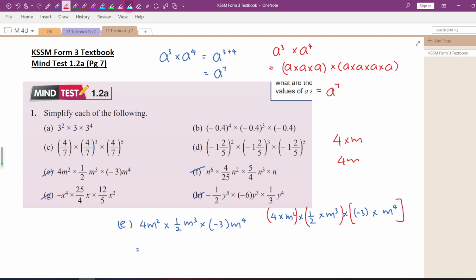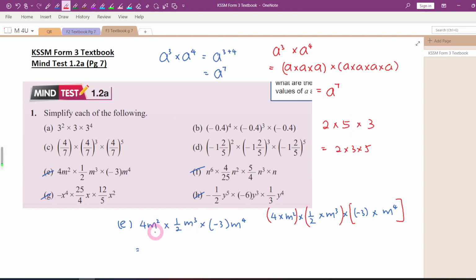Okay, now if you want to calculate 2 times 5 times 3, can you rearrange them to become 2 times 3 times 5? Yes, right? For multiplication, we can just do it like this. It's okay. You will still get the same answer. Now, what do we need to do here?